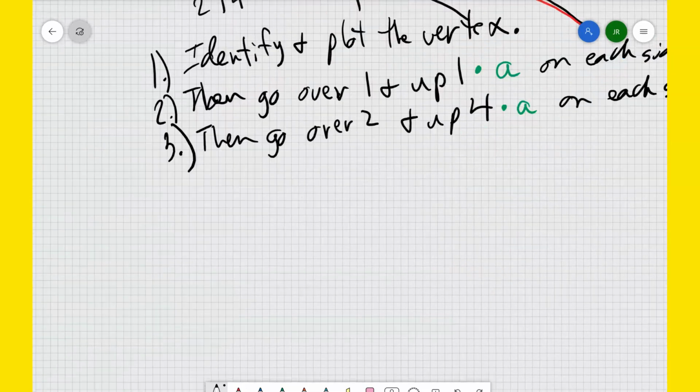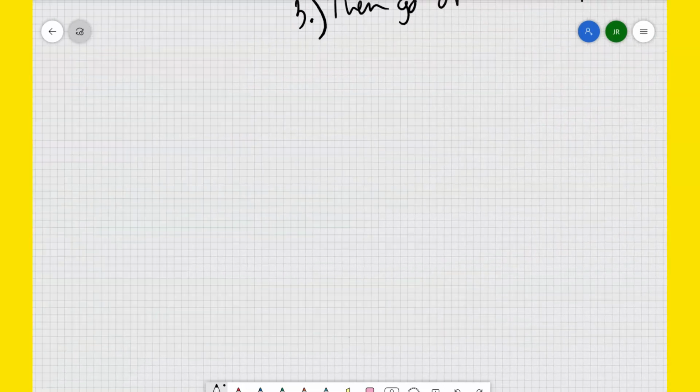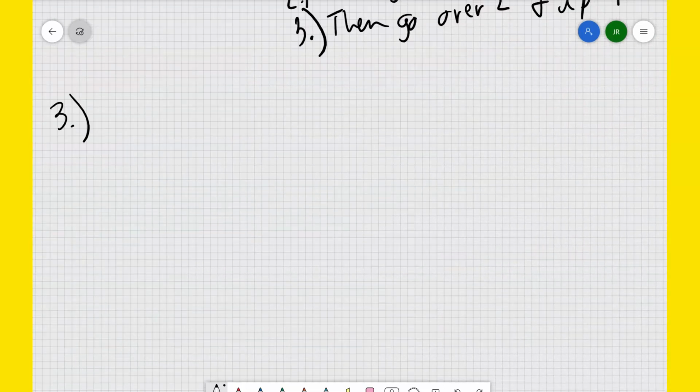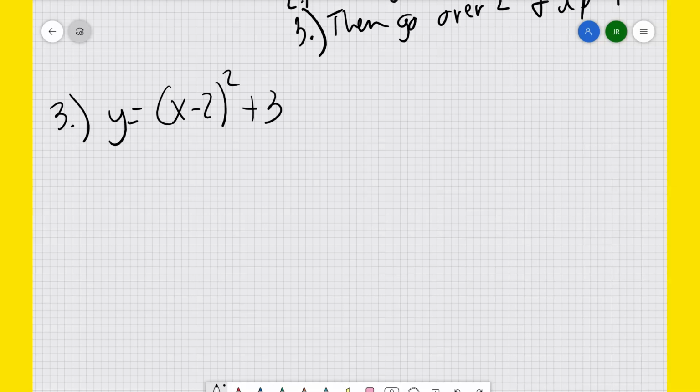Now let's do some more examples. Okay, first identify the vertex.